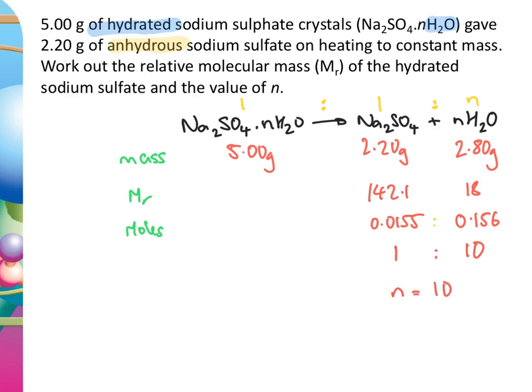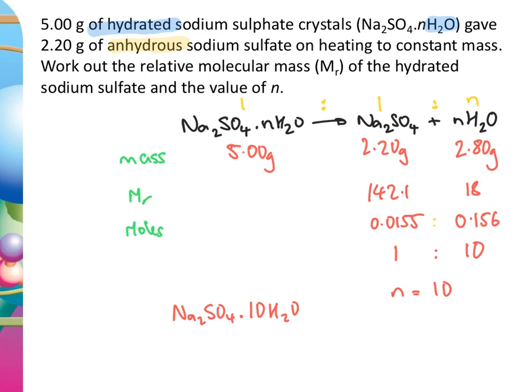So the true formula for the hydrated sodium sulphate is Na2SO4 dot 10H2O. Now we have the formula, we can work out the MR of hydrated sodium sulphate. Why don't you just pause the video, have a go at doing that, and we'll check that your answer is the same as mine.